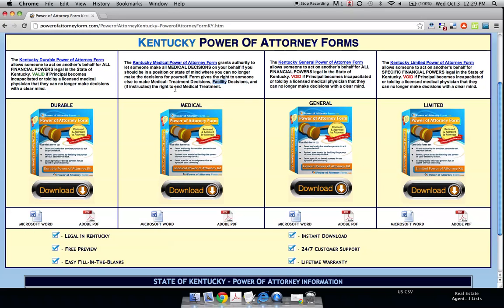But again, you have to specifically write that in your power of attorney form, that the person has the right to do that. So these two forms complement each other. They're great if you are a serviceman about to head off, or if you're a baby boomer.